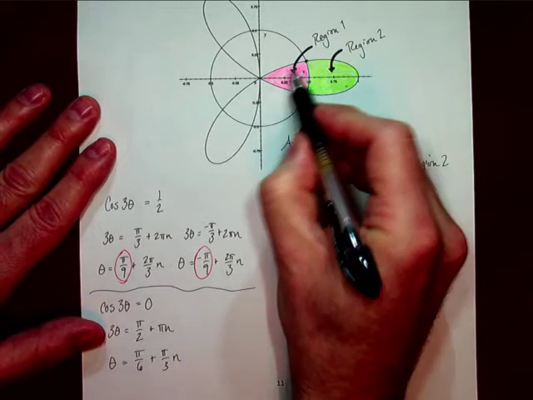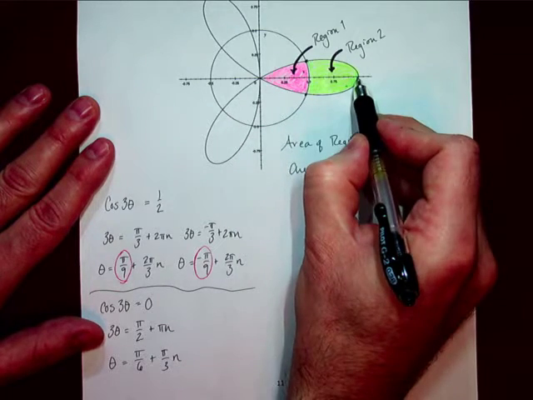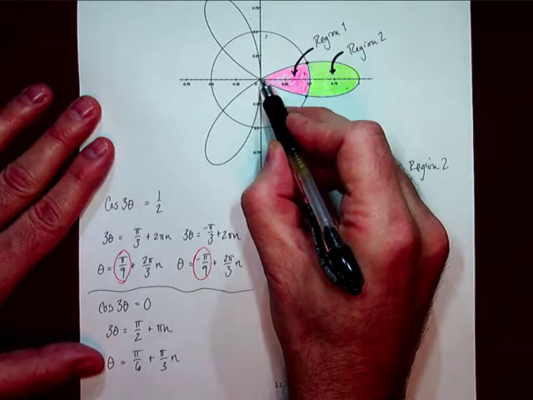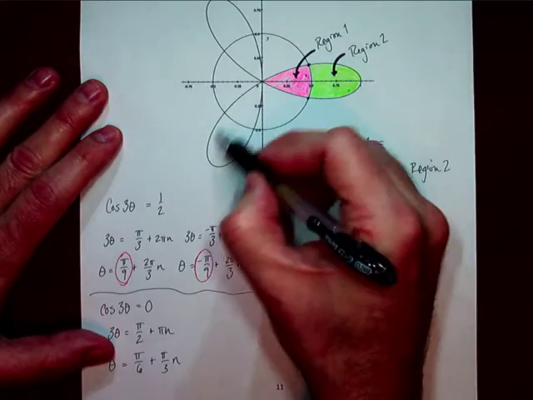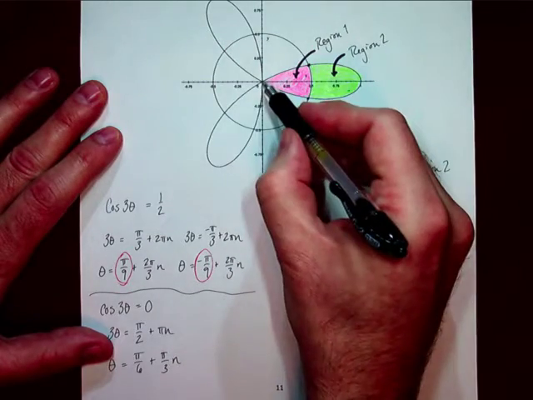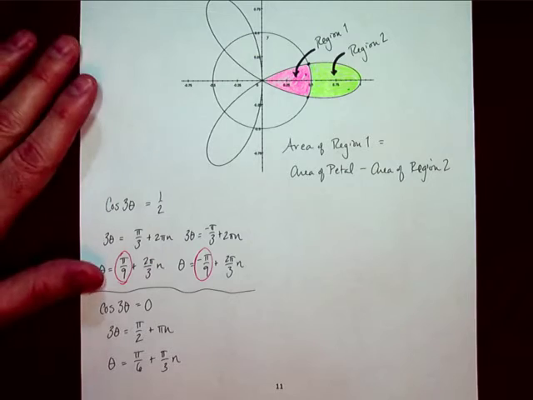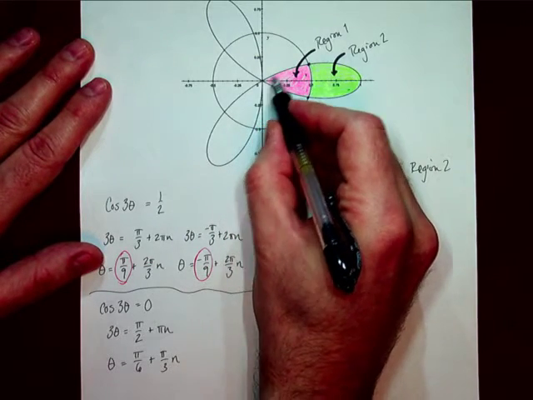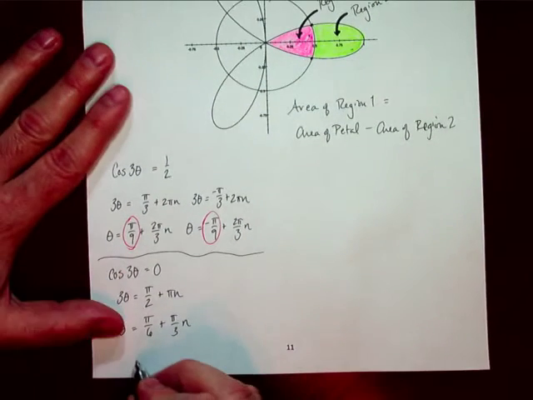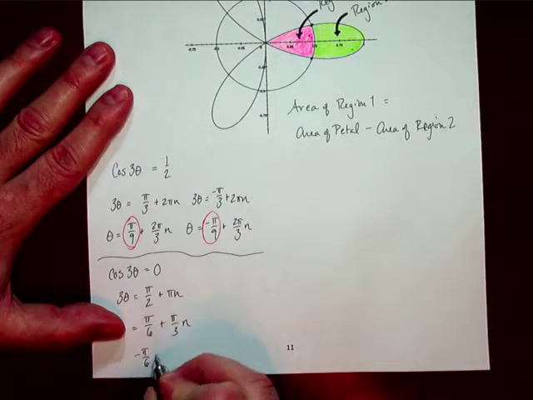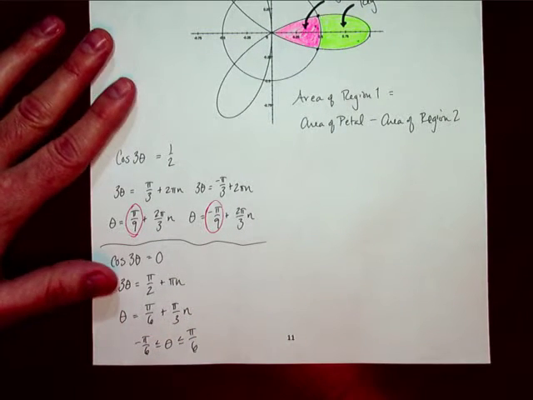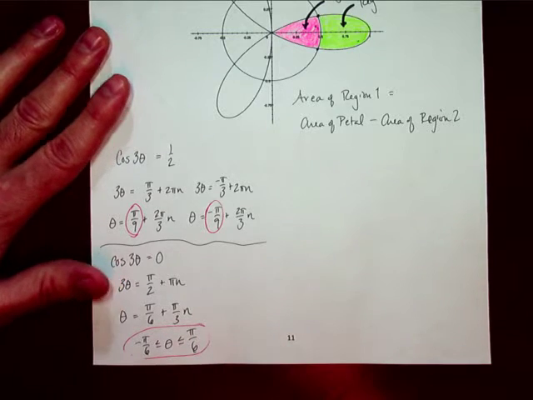So basically, if you were to start at theta equal to 0, it comes back to the pole at pi over 6. And then pi over 3 after that, and then pi over 3 after that, and on and on. Okay, so if you back up to the negative, what you get is limits of integration that are going to be negative pi over 6 to pi over 6. And those are going to be our limits of integration for the whole petal.